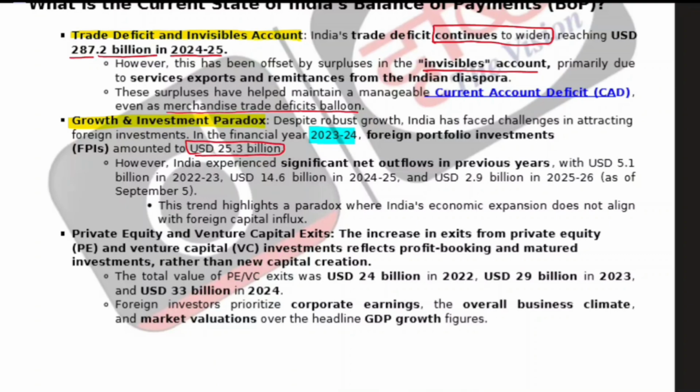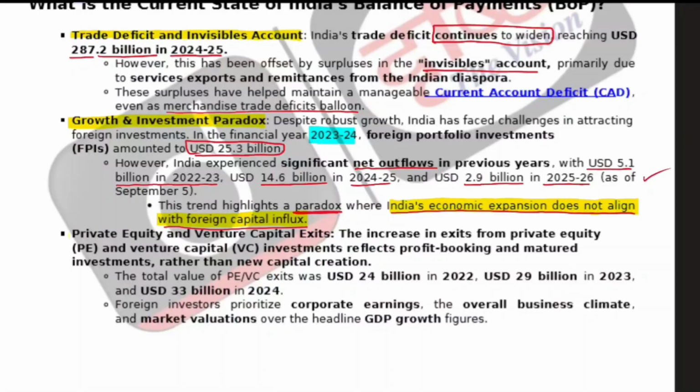However, India experienced significant net outflows in other years: 5.1 billion US dollars in 2022-23, 14.6 billion in 2024-25, and 2.9 billion in 2025-26 as of September. This trend highlights a paradox where India's economic expansion does not align with foreign capital influx.